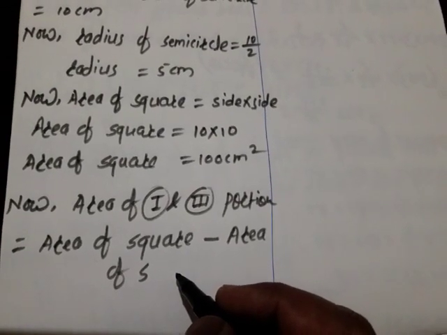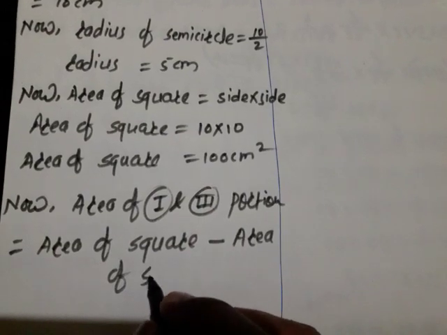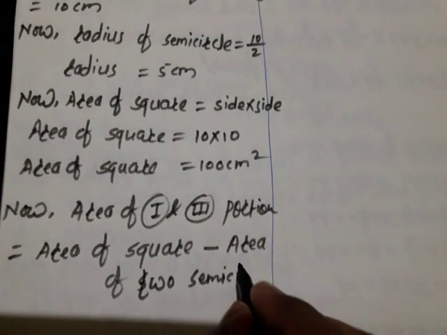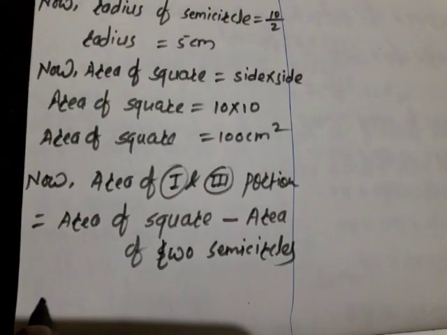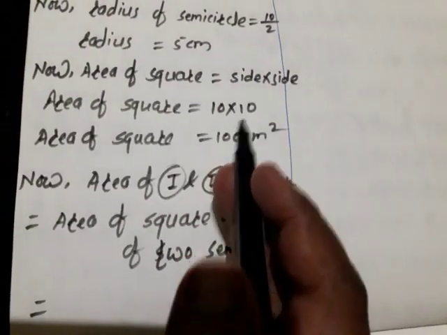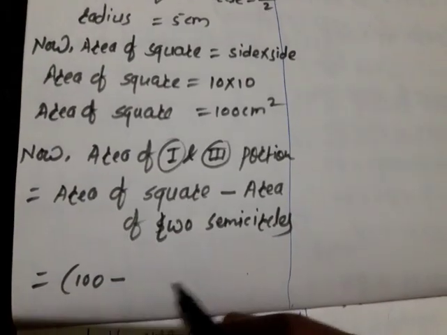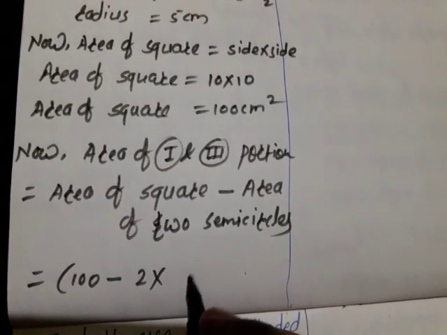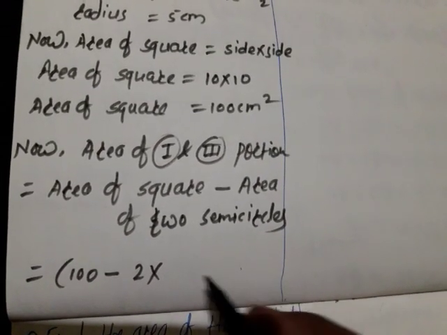Do you understand? I will write here, area of those 2 semicircles. Area of square we already got, 100, minus 2 semicircles are there, 2 into area of semicircle, and pi r square is the formula of area of a full circle.